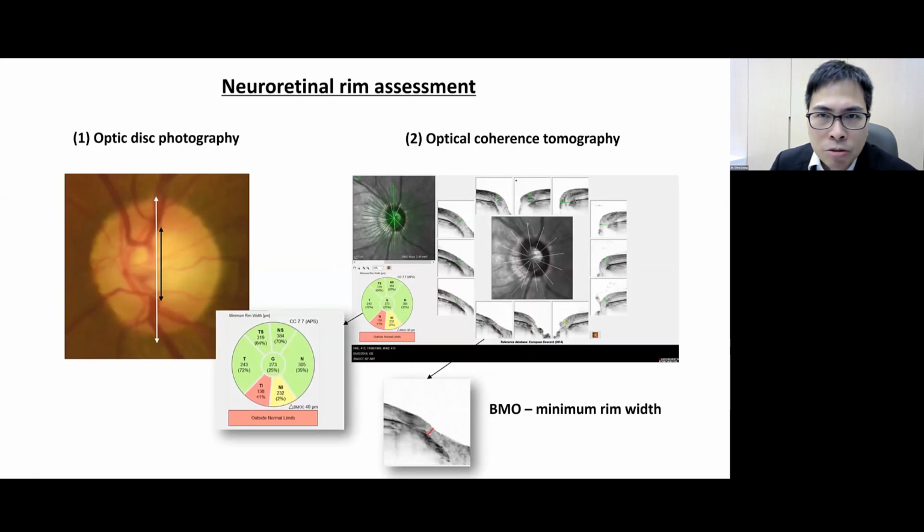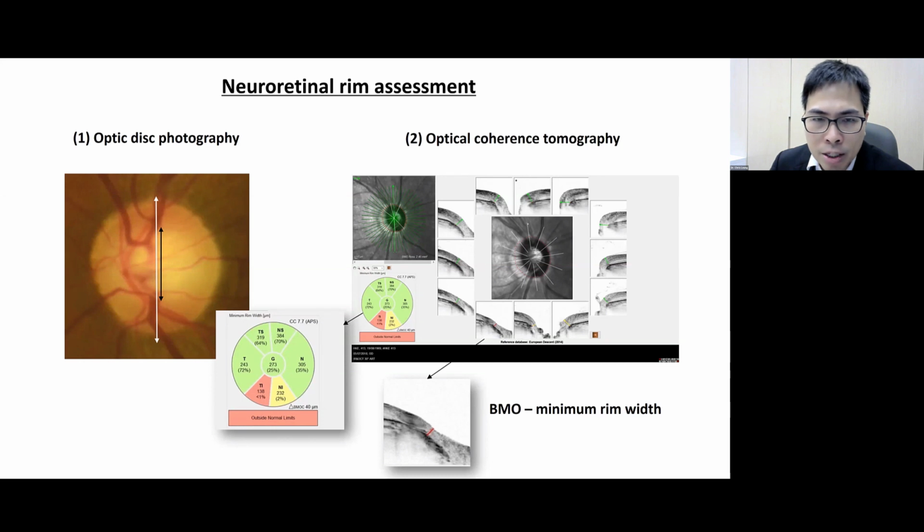How about the neuroretinal rim assessment? I mentioned that in the World Glaucoma Association consensus meeting, the diagnosis of glaucoma requires the assessment of the retinal nerve fiber layer and also the neuroretinal rim. The reason is that loss of neuroretinal rim is relatively specific for glaucoma. But there are also other types of non-glaucomatous optic neuropathy.